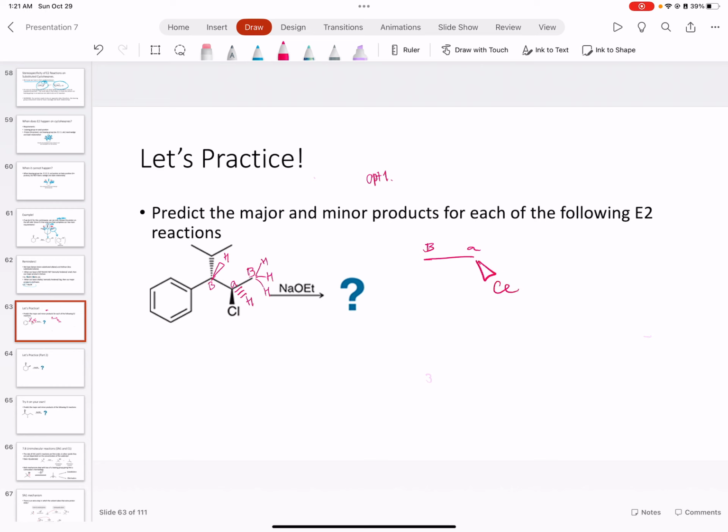So then I have a chlorine, I have this hydrogen, I have a regular bond, and then I can just put a CH3, and then this one is a dash, a wedge, and that one's just a hydrogen.